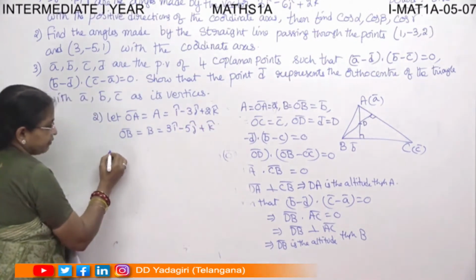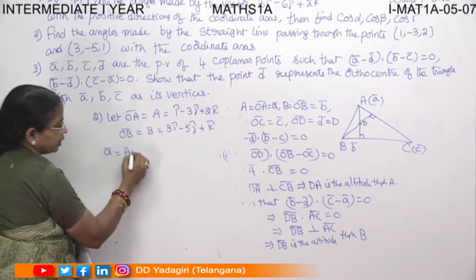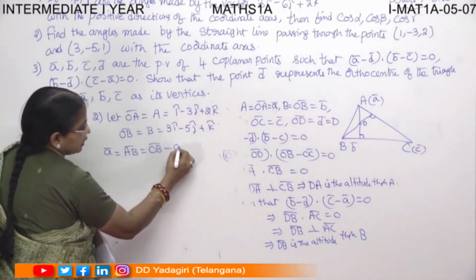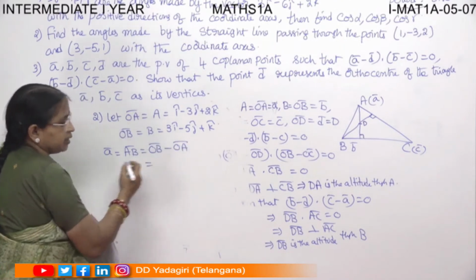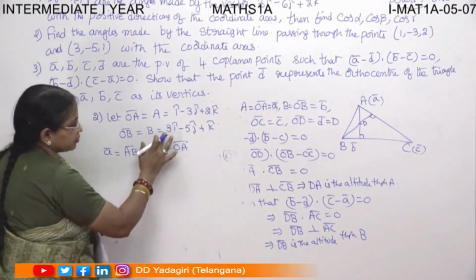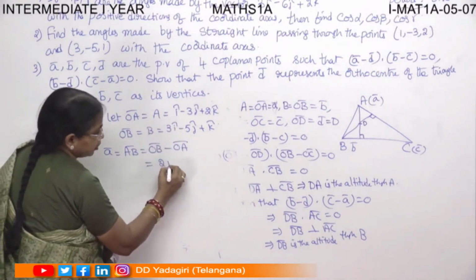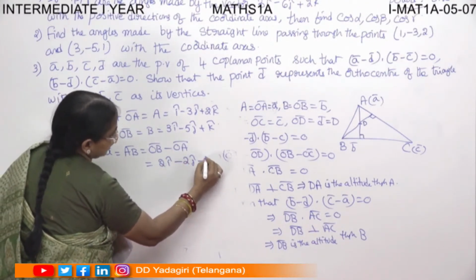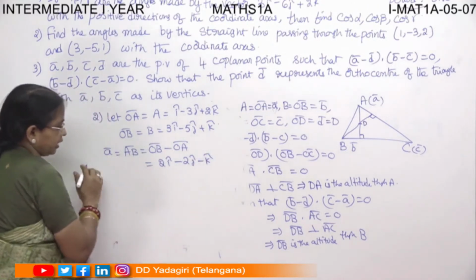So you find the vector AB is equal to OB minus OA. You have learned all this in addition of vectors chapter. So OB minus OA, that is 2i minus 2j minus k. So this is your A vector.